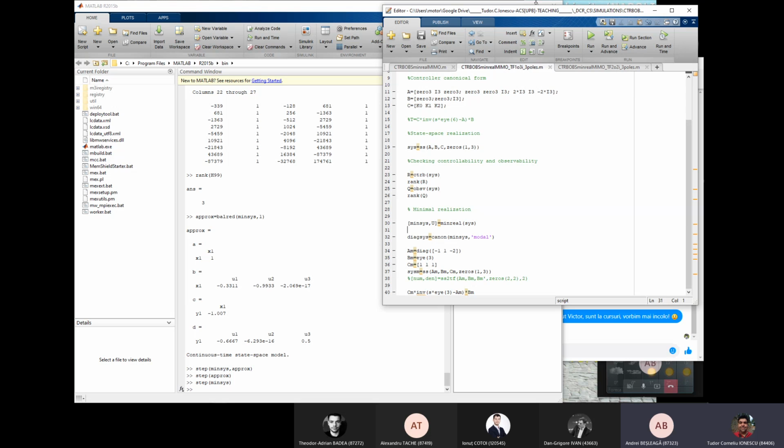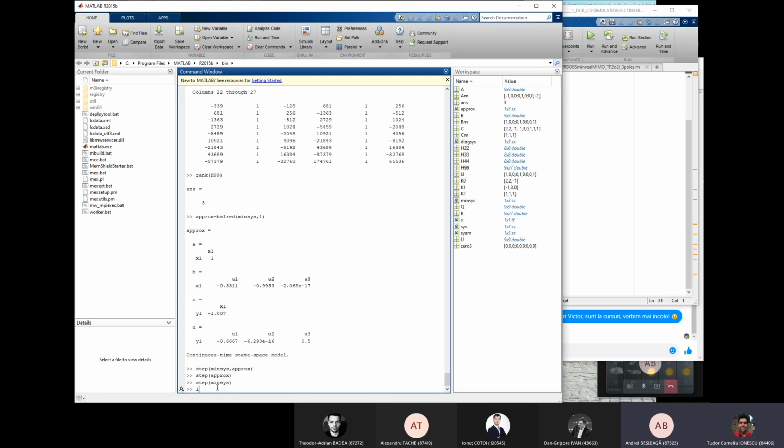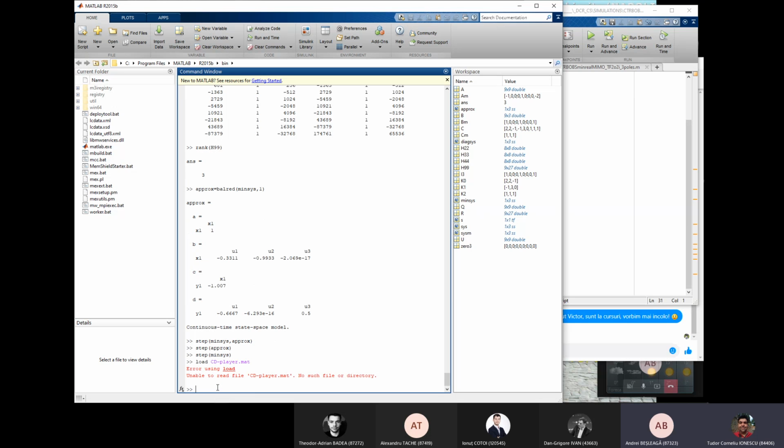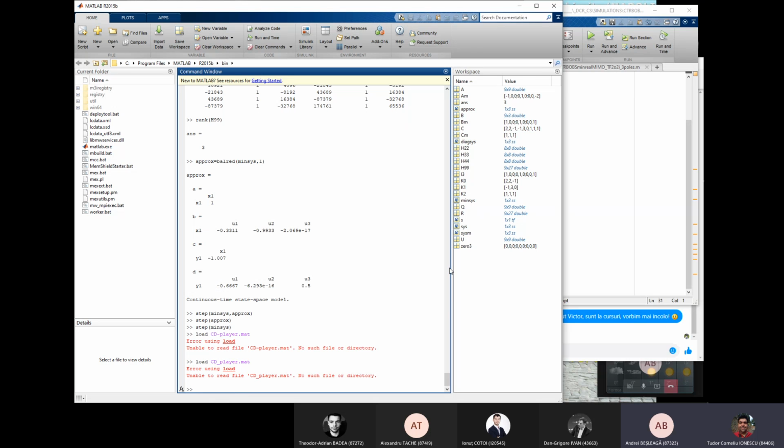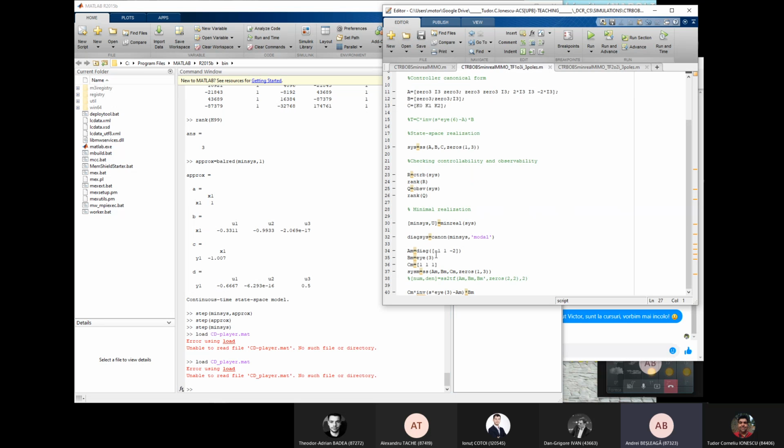For instance, the CD player. Let's go to the CD player. Do you want to do that? Let's look at the CD player. No, it's not working. Why? Oh, no, I think it's CD underscore player. Sorry about that. No, because you are not where the CD player is.